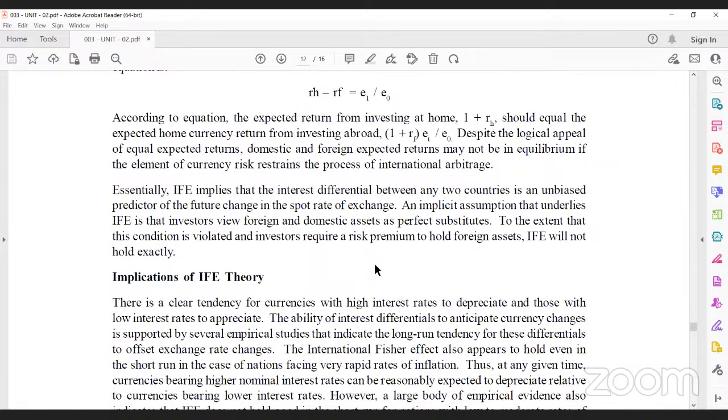According to this theory, the interest differential between any two countries is an unbiased predictor of the future spot exchange rate. If this condition is violated and investors require a risk premium to hold foreign assets, IFE will not hold exactly.